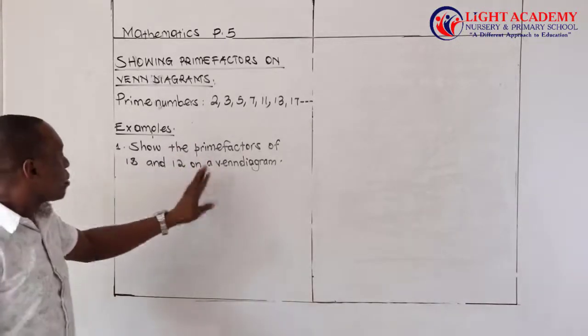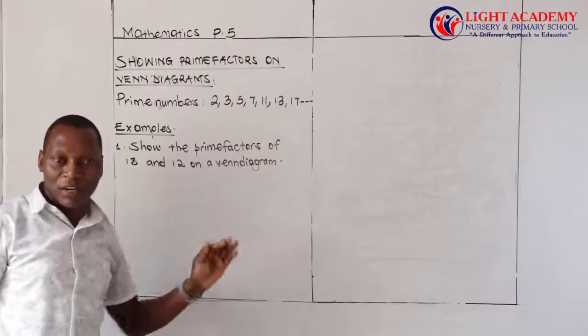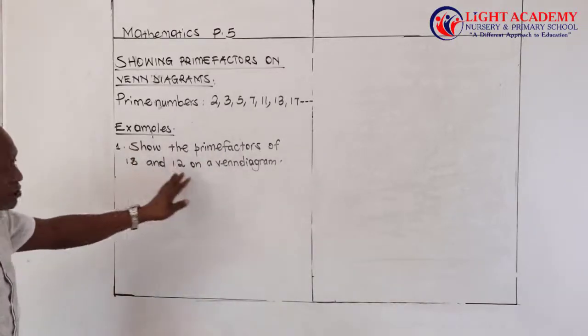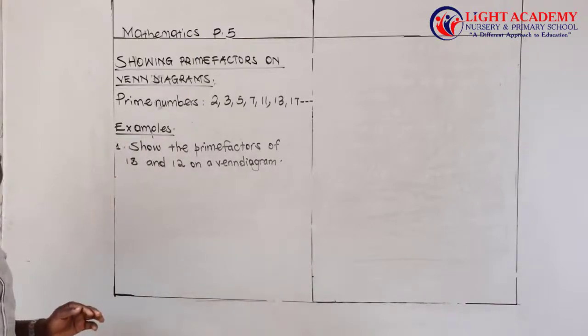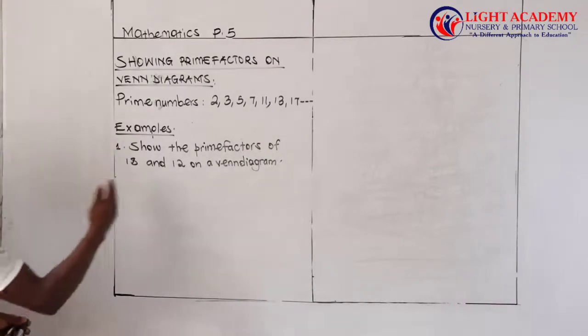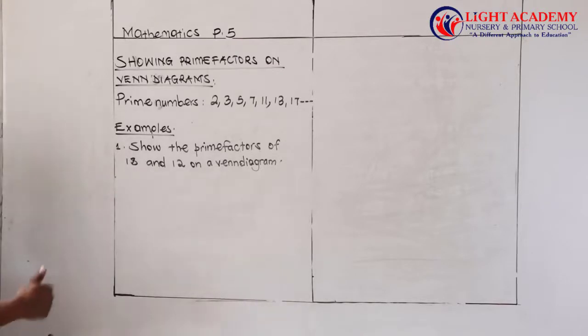Now, before we go to drawing what we are calling the Venn diagram, in the first place we need to prime factorize these two numbers given, right? So we shall first of all prime factorize 18. Remember in the previous session we prime factorized the numbers using either the ladder or the factor tree.